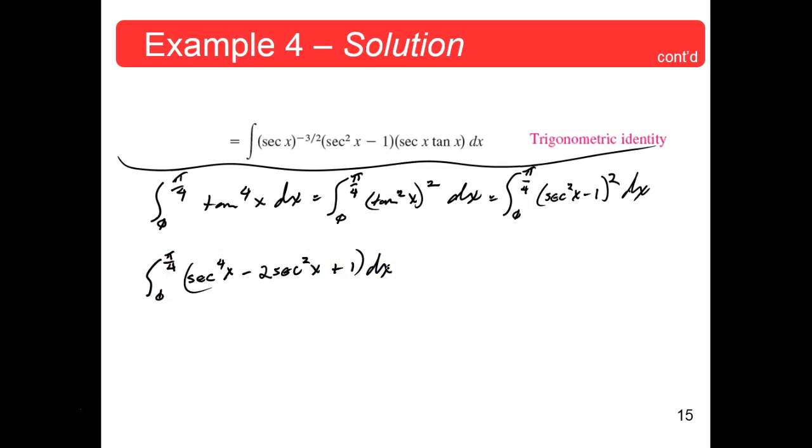Now, this goes back to our guideline 1 then, where you have secant being even, whatever tangent is. And what was the rule there?